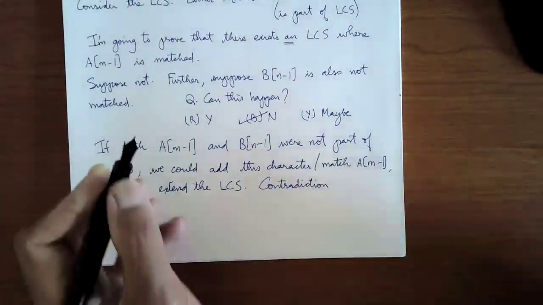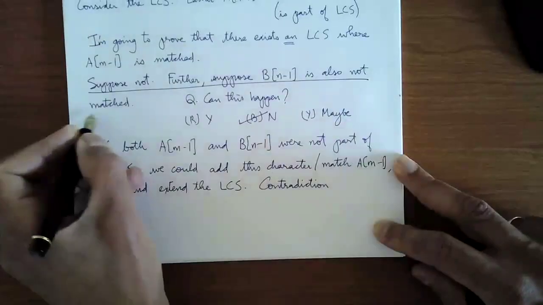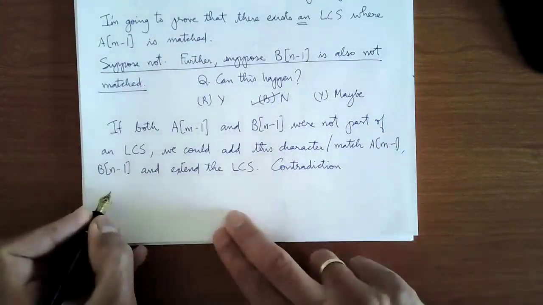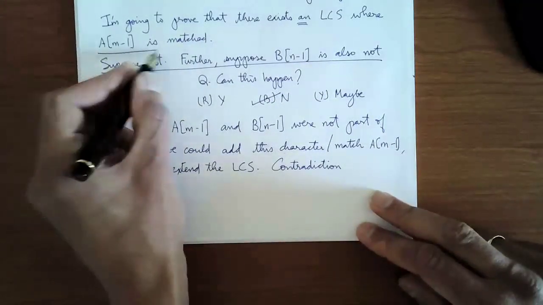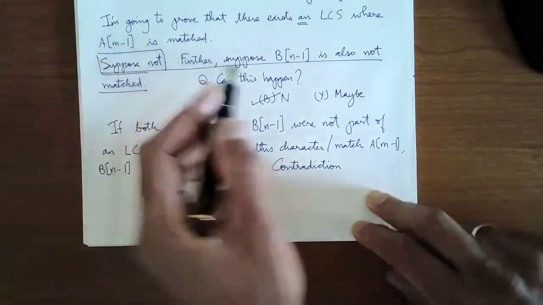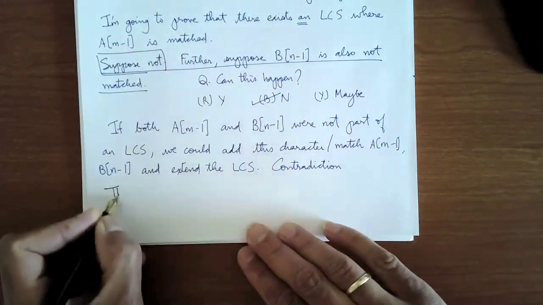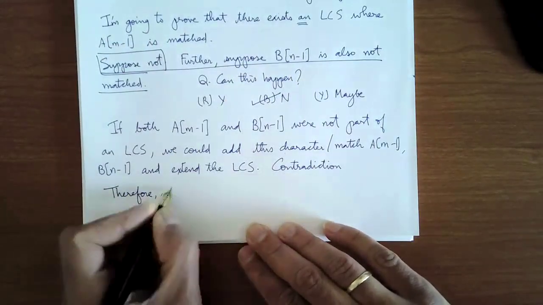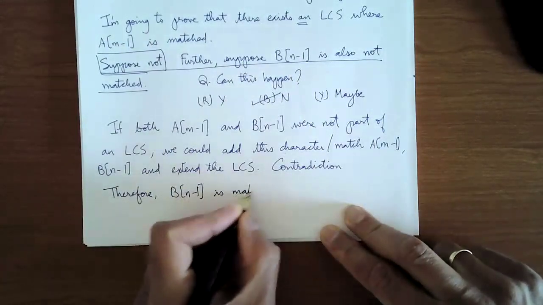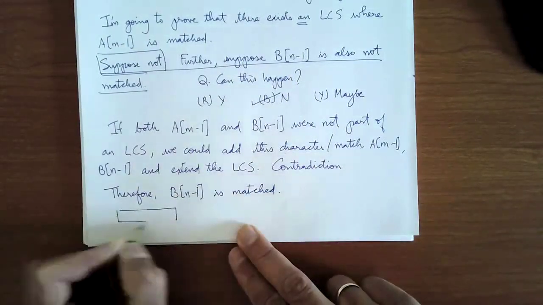So that's why what I'm saying is this cannot happen. Okay, now I'm going to ask you another question. Remember, we started off supposing that am-1 is not matched. Now we said, suppose bn-1 is also not matched, that cannot happen. Therefore, bn-1 is matched. So the picture looks like this.